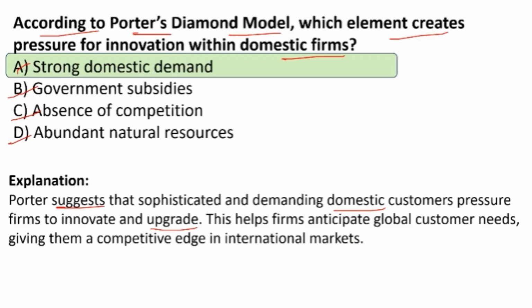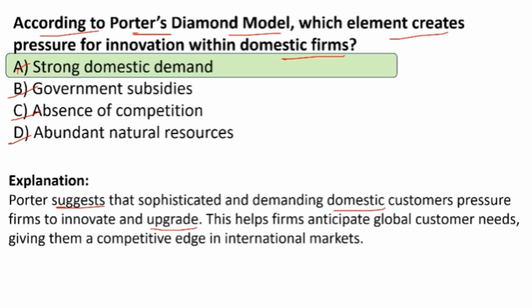Clear? So in Porter's theory, what Porter is suggesting is that domestic demand can influence the firm's production or the firm's innovation and upgradation policies or functions, right? If domestic customers are demanding a particular product more and more, then firms need to upgrade those products.